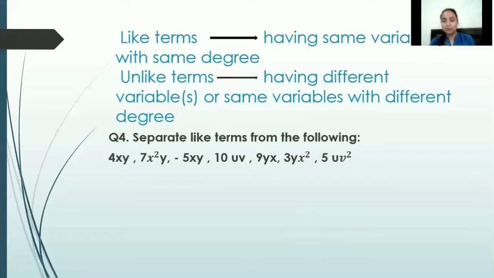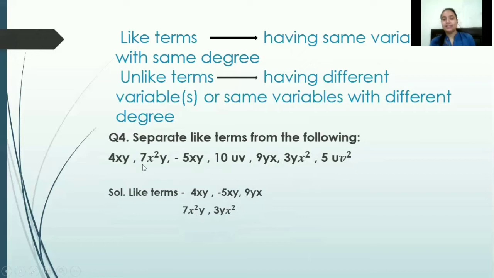That's why xy equals yx. Remember this point. So yx and xy are the same. So 4xy, minus 5xy and this 9yx are like terms. See the answer, like terms are these.